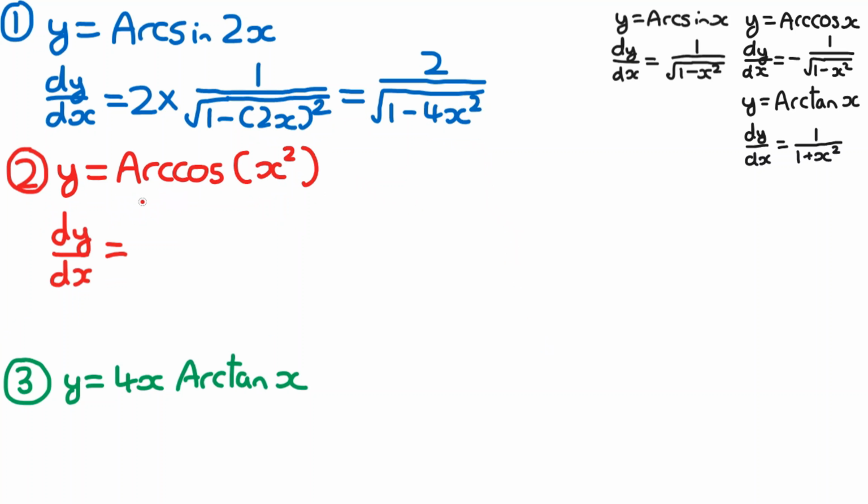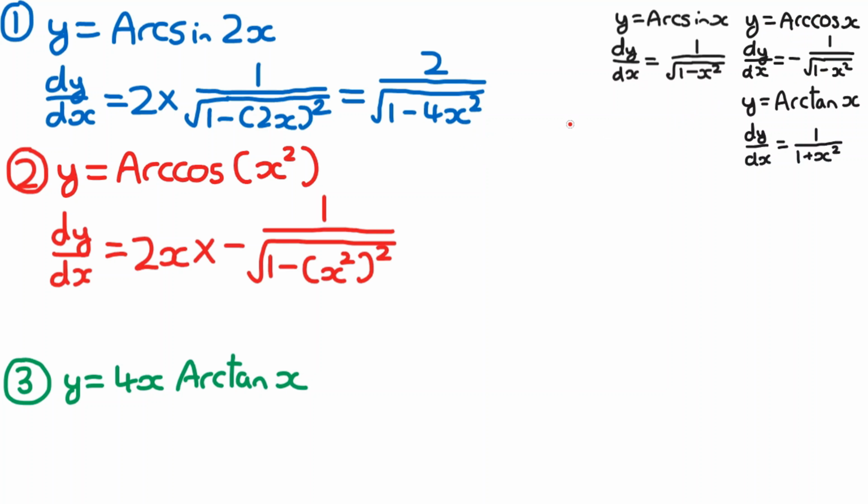So for the second one, we have y is equal to the arccos of x squared. So again, we're going to have to use the chain rule, with the inner function being the x squared and the outer function being the arccos. So dy over dx is going to be the inner function differentiated, so the x squared differentiated, which is going to be 2x, and this is multiplied by the outer function differentiated, which is the arccos differentiated, which is going to be 1 over the square root of 1 minus x squared.